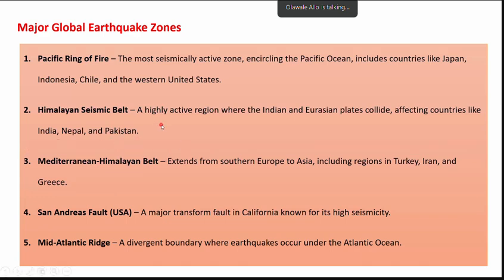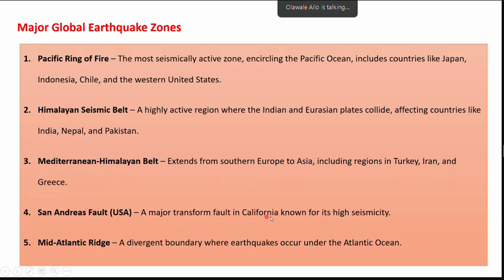These are places where we hear of earthquakes anyway. The Mediterranean belt extends from Europe to Asia, with regions like Turkey, Iran, and Greece. The San Andreas fault I spoke about is a major transform fault in California, known for high seismicity. The mid-Atlantic region as well.